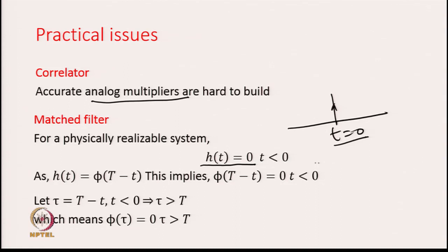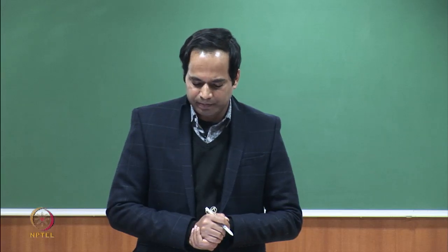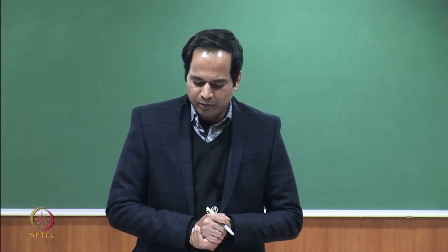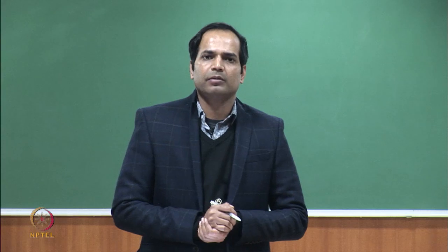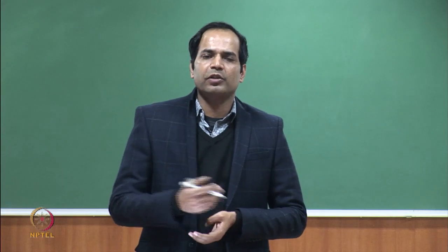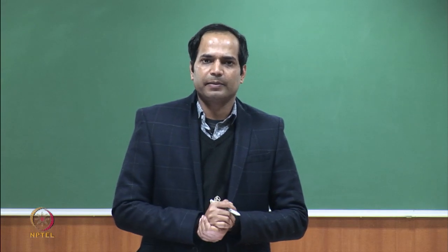So, the response of the system can only come after t equals 0, whatever that response is. It cannot precede the impulse, because it is a causal, non-anticipatory system. So, the impulse response of a causal system is 0 for time t less than 0, and this is also the condition for the physical realizability of a system.